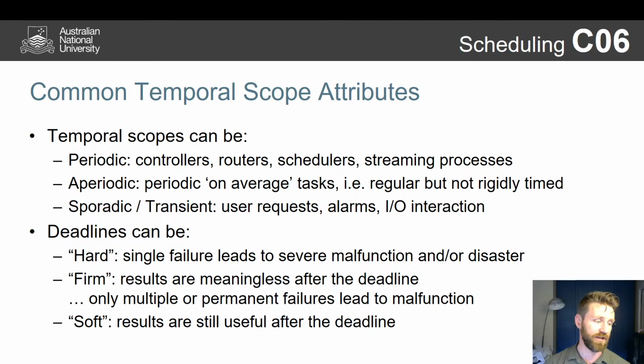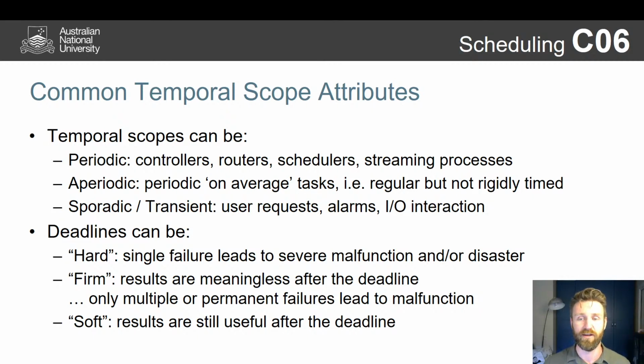Your car system might be a perfect example. There'll be certain real-time constraints that are hard, like the brakes, and there'll be others that are only firm. There may be other systems where you're willing to accept occasional failures in responding within a certain deadline. Perhaps an example might be controlling the windows.